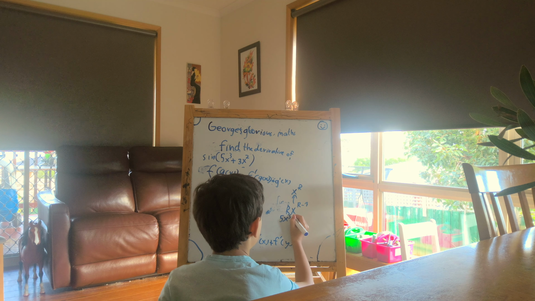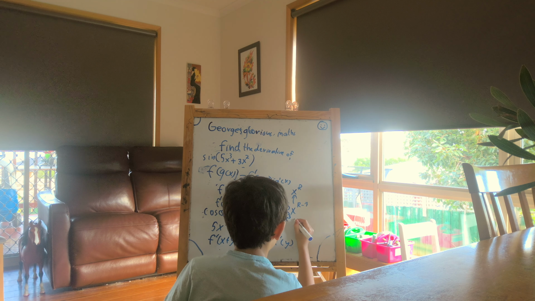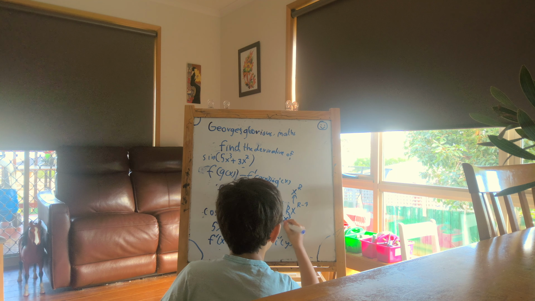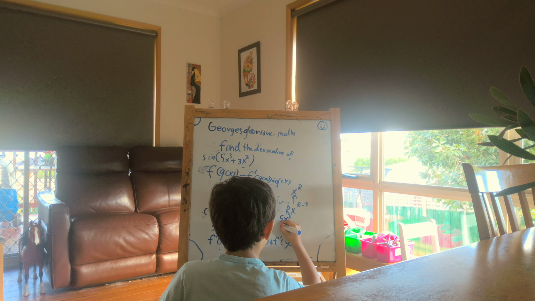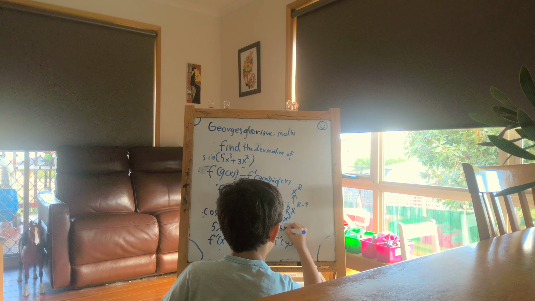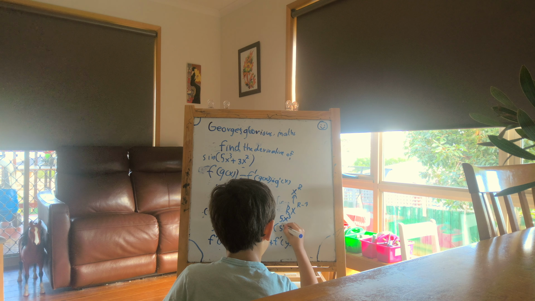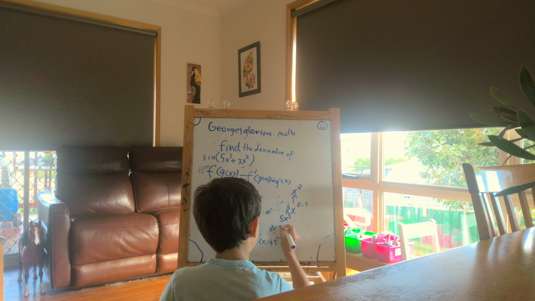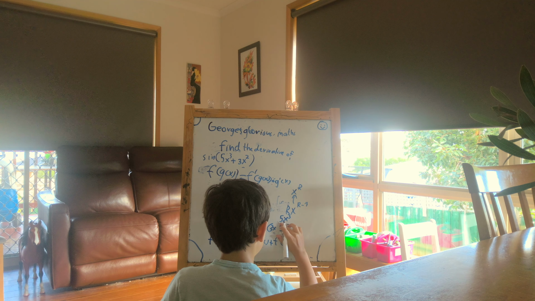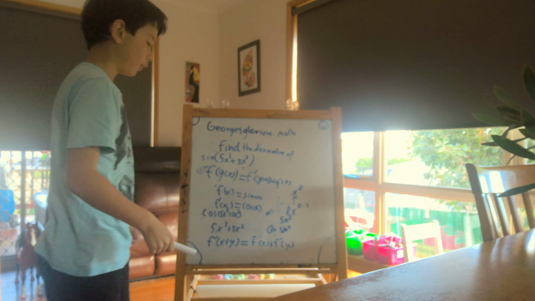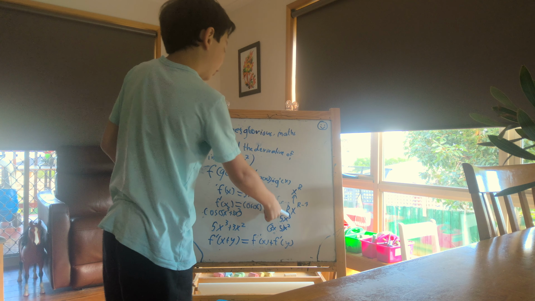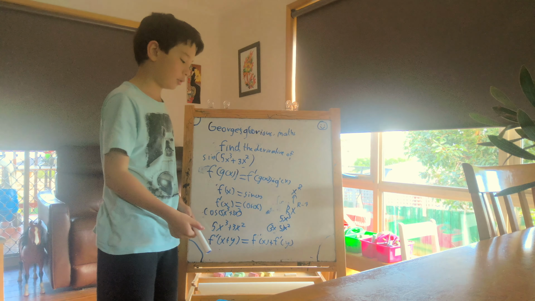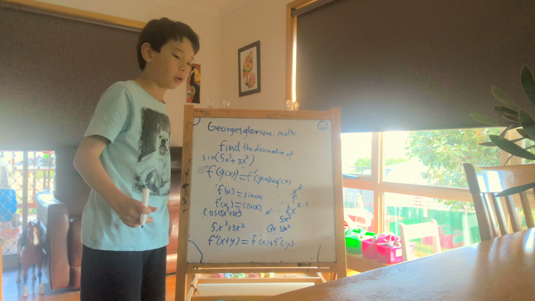So firstly, let's find the derivative of 5x cubed. What we did is that we dropped the exponent from 5x cubed to 5x squared, and then we multiplied it by the original exponent 3.